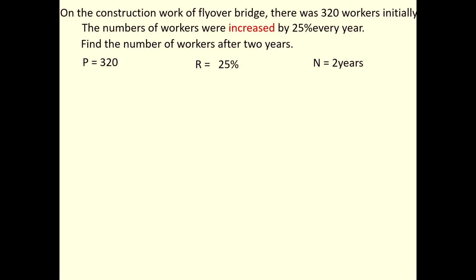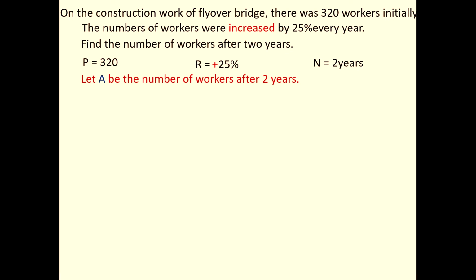The rate of increase is 25% per year, and the time period is 2 years. Since the question says the number of workers will increase, we put a plus sign here.